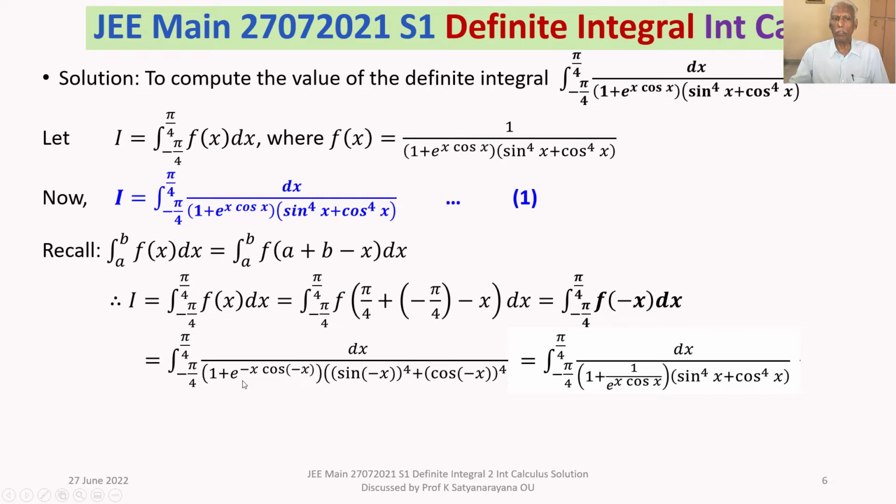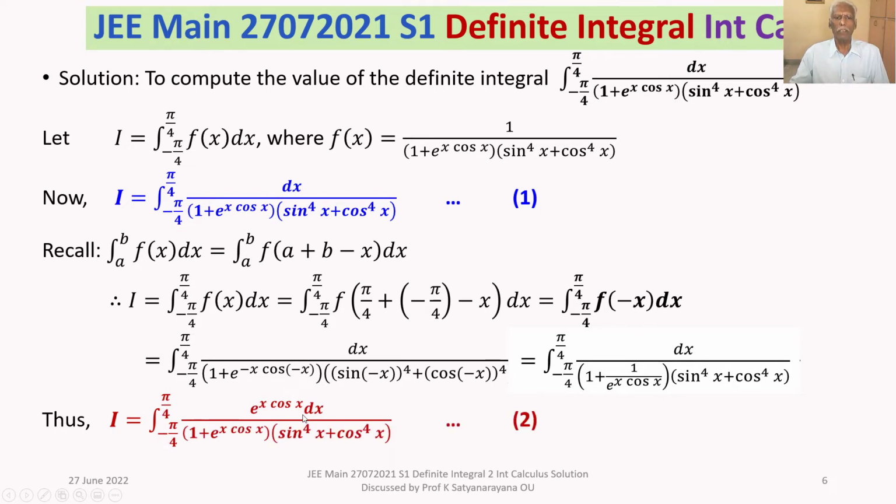So for e power minus x cos x we have written this, and taking the LCM, you will get e to the power of x cos x plus 1. Send this e power x cos x to the numerator, as we normally do. And that will be the integral from minus pi by 4 to pi by 4 of e to the power of x cos x by 1 plus e power x cos x into sin power 4x plus cos power 4x with respect to x. Call this equation 2.